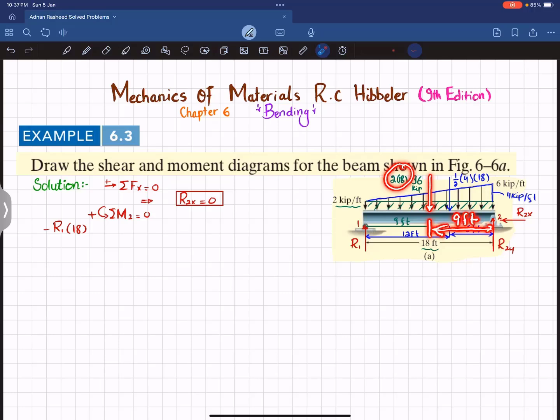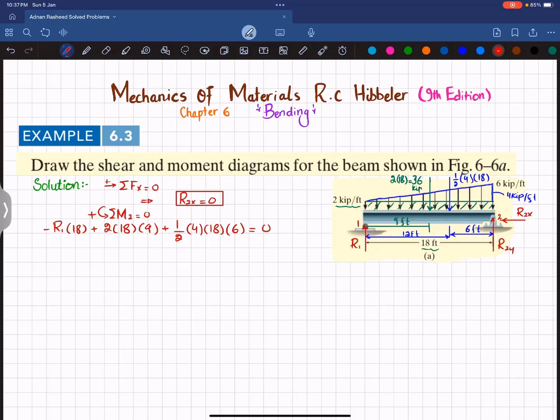This is producing counterclockwise moment, so it will be positive. So I can write plus 2 multiplied by 18 into 9. The last force that is producing moment about point 2 is this force multiplied by perpendicular distance 6, and this is also producing counterclockwise moment, so it will be positive. So I can write plus 1 over 2, 4 multiplied by 18 into perpendicular distance 6, is equal to 0.